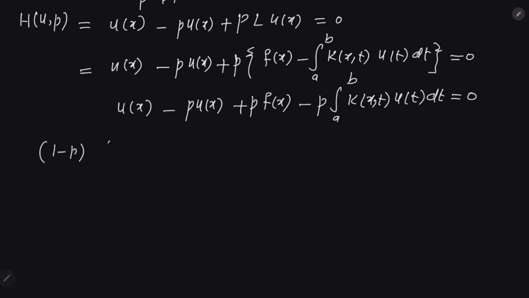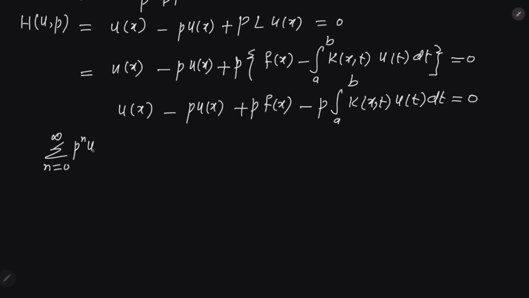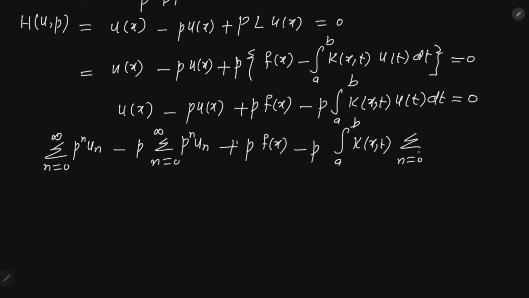I just take a common over here, sum n = 0 to infinity p^n u_n, and what we have is u_n minus p sum n = 0 to infinity p^n u_n, plus p f(x) minus p ∫ from a to b k(x,t) sum n = 0 to infinity p^n u_n dt = 0.